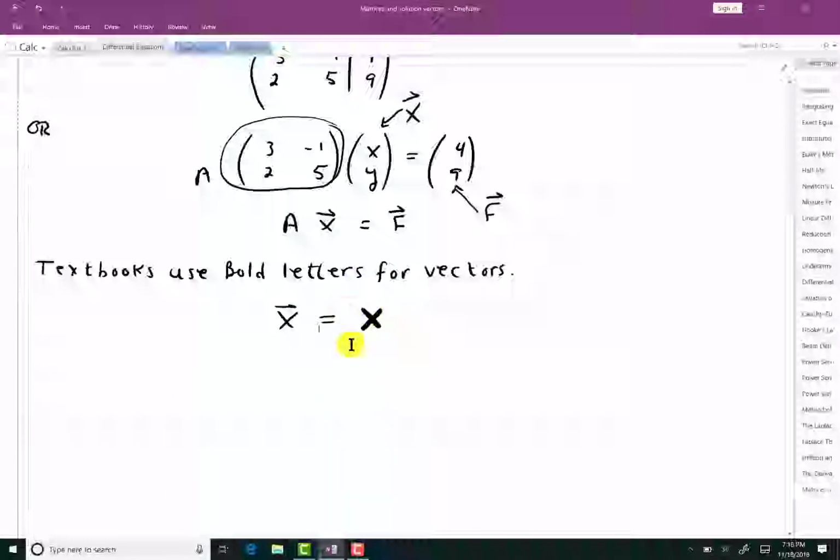Just so you know, in textbooks they'll use bold lettering. Everybody else, because I can't pause and do this every single time I want a vector, will put an arrow over top of the vector to represent it.